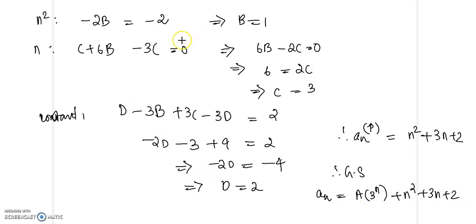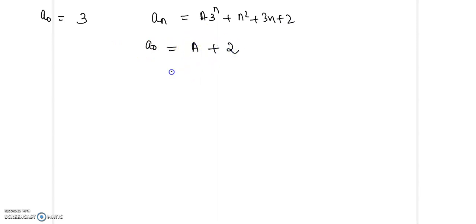And now we are given an initial condition. We have a_0 equal to 3, and our solution is a times 3 raised to n plus n squared plus 3n plus 2. So a_0, when n is 0, you will get a plus 2.